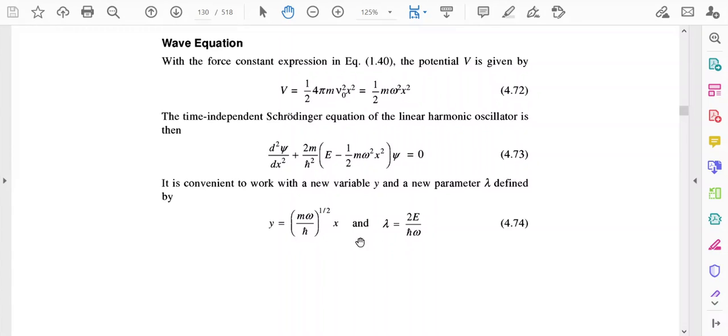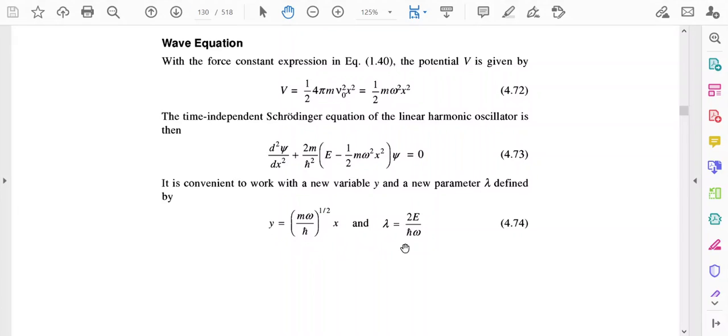Now y and lambda are dimensionless parameters. I suggest that you practice in a notebook whether the dimensions of y and lambda are dimensionless or not. You know dimensional analysis. If you perform it, you will see that y and lambda are dimensionless parameters.